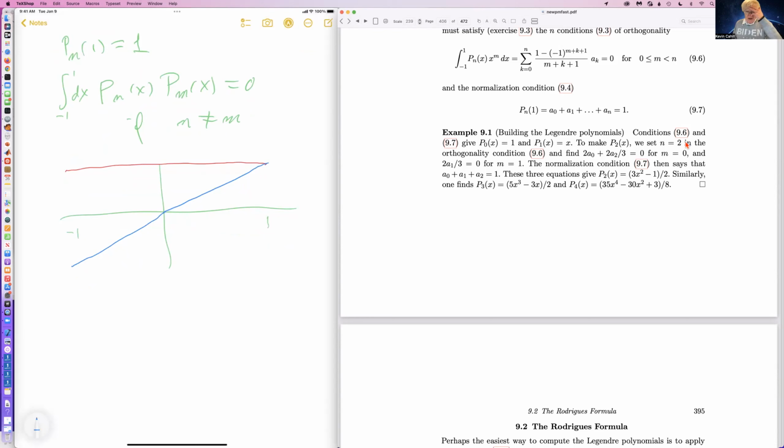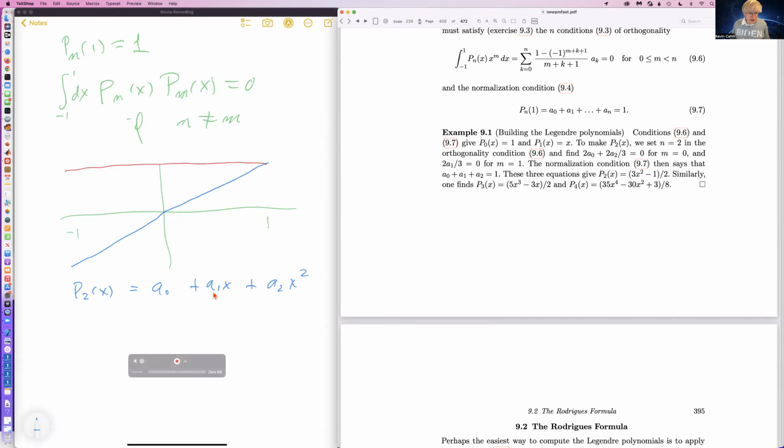To make P2, P2 of x is going to be A0 plus A1x plus A2x squared, say. Now, we want to set A1 equal to 0 because this is just P1 itself here.